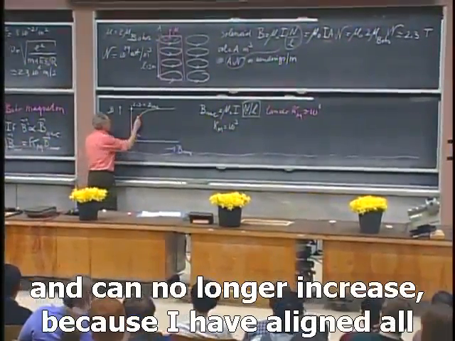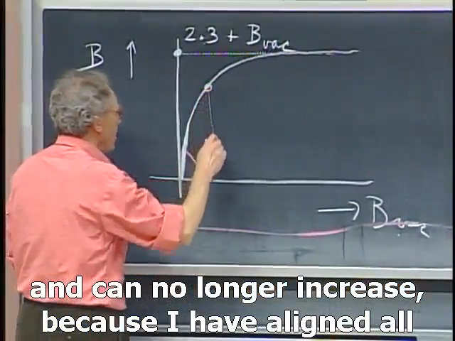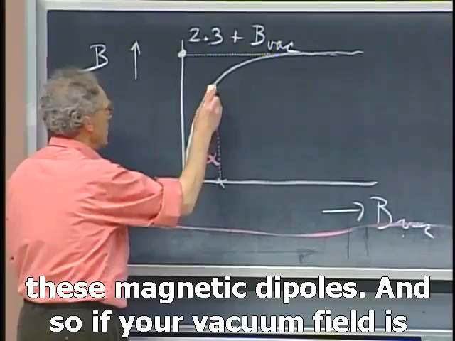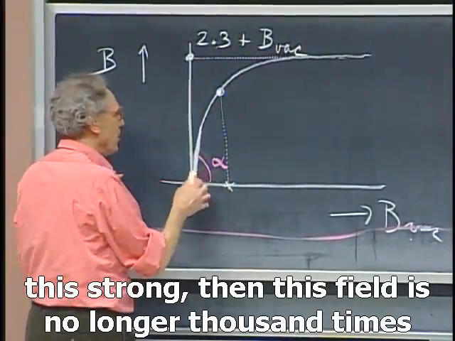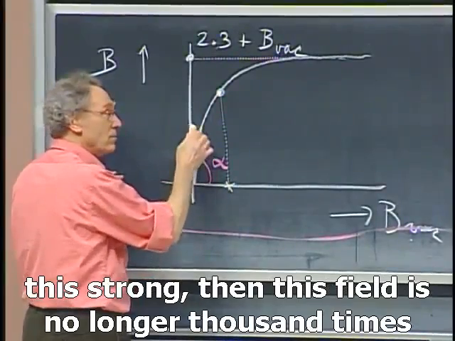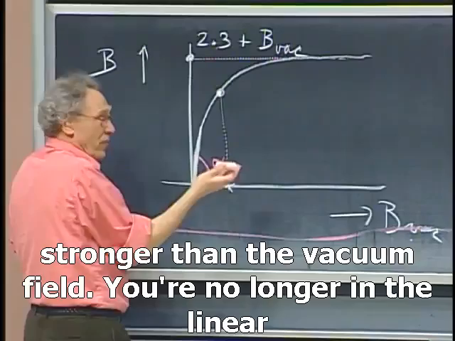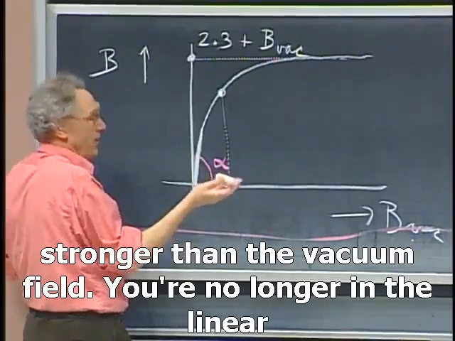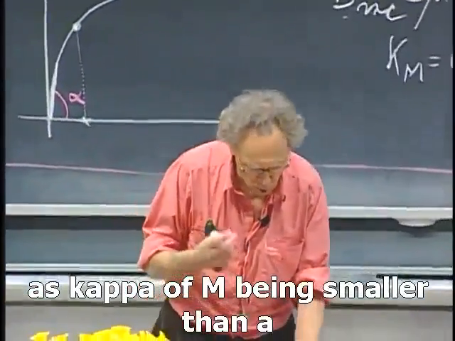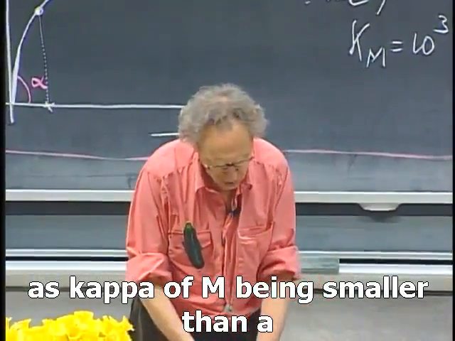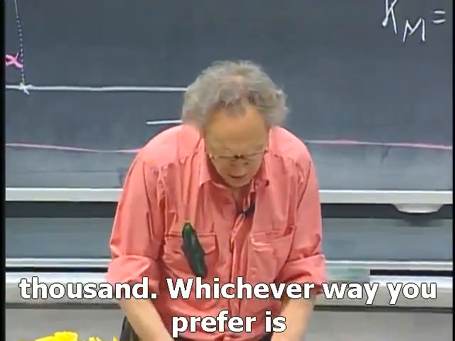And so if your vacuum field is this strong, then this field is no longer 1,000 times stronger than the vacuum field. You're no longer in the linear part. So you could also think of it as kappa of m being smaller than 1,000. Whichever way you prefer is fine. But it's no longer proportional to the value of 1,000.